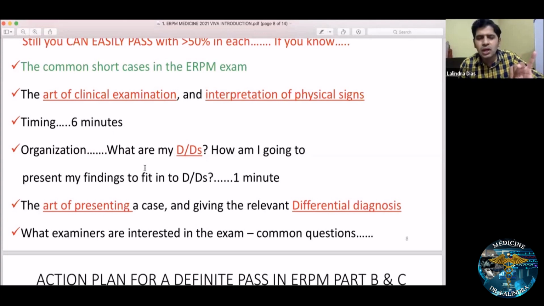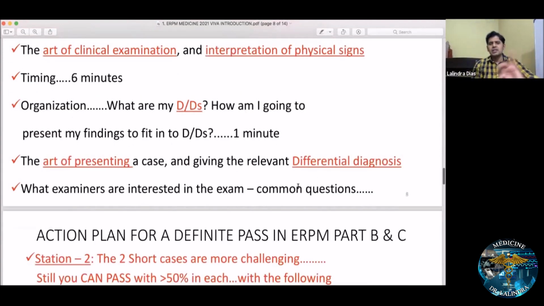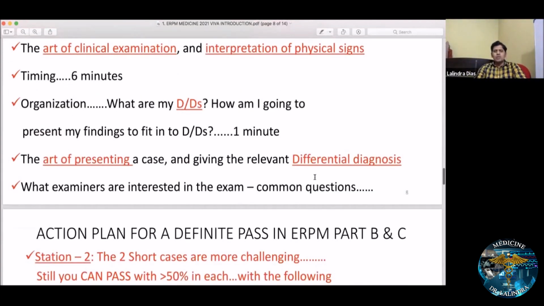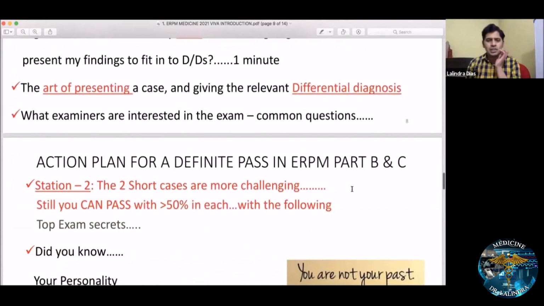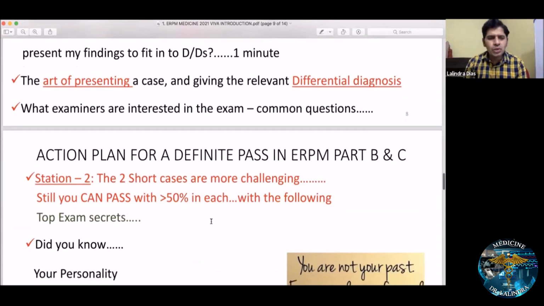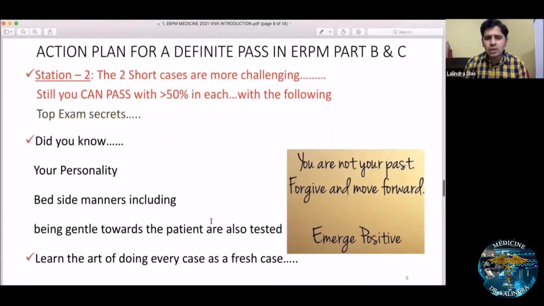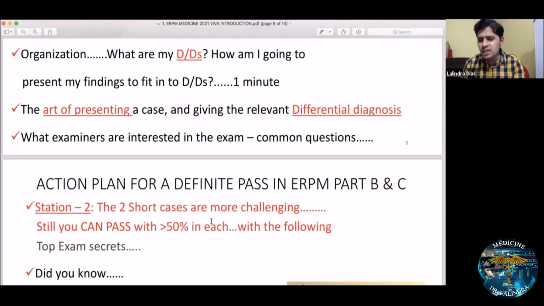And also how to present the differential diagnosis to the examiner. That you need to understand. And also you need to know what are the common questions they ask in the exam and the common short cases. So station 2, you need to know the common short cases they give in the exam.